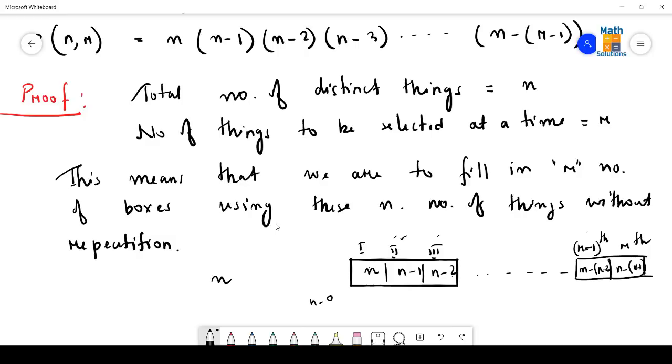Why multiplication? Because I have to consider first place and second place and third place, and there is a continuation up to rth place, meaning there will be "and" in between the boxes.